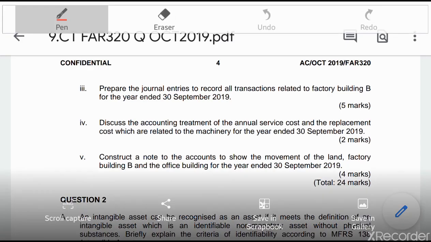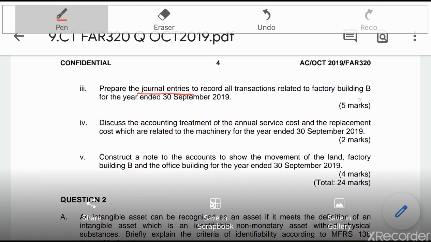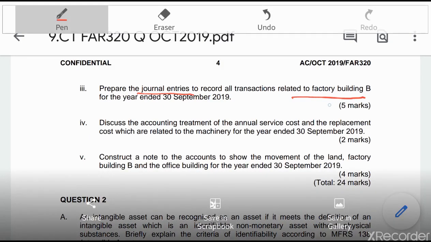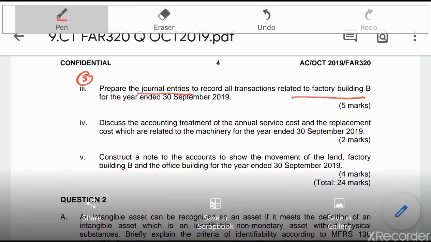You're also asked to prepare the journal entries to record the transactions related to the factory building. Remember, the transaction related to the factory building is in number 3. So you're asked to do all the journal entries for number 3, and that one will involve some workings first before you can do the journal.